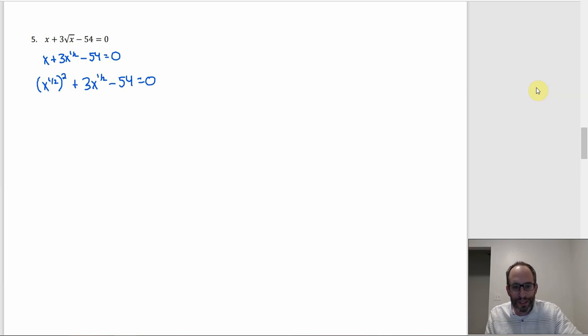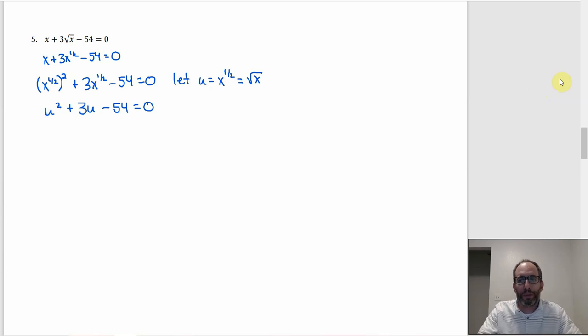All right, let's do it. So we're going to let u equal, I guess, either x to the 1/2 or radical x if you don't do the conversion to writing it with an exponent. If you still write it with a radical, that's totally fine. Either way, you're going to end up with u squared plus 3u minus 54 equals 0.